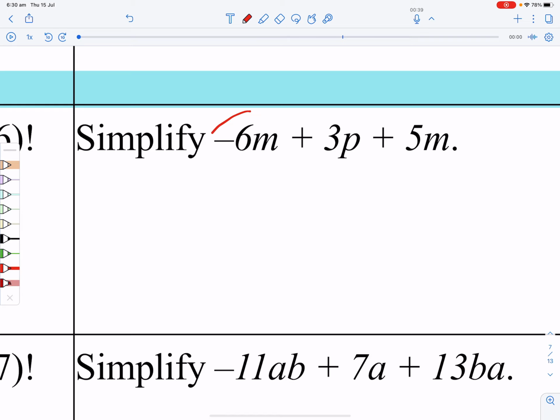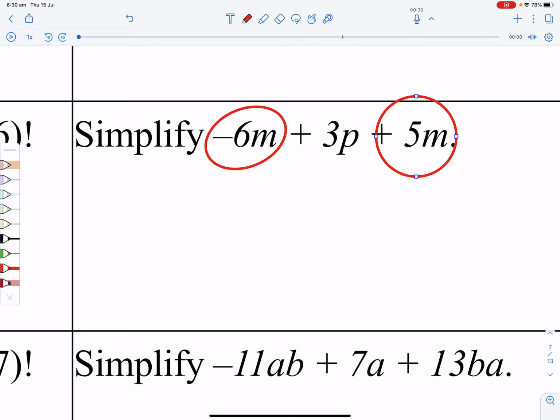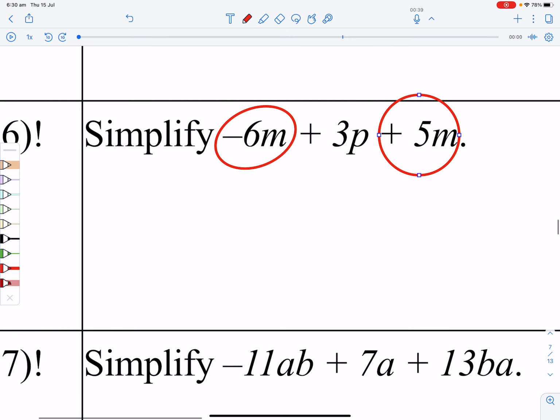Let's look at the like terms. Minus 6m is like terms with the plus 5m. They're the two like terms. Okay. So now ask yourself, what's minus 6 plus 5? The answer is minus 1.